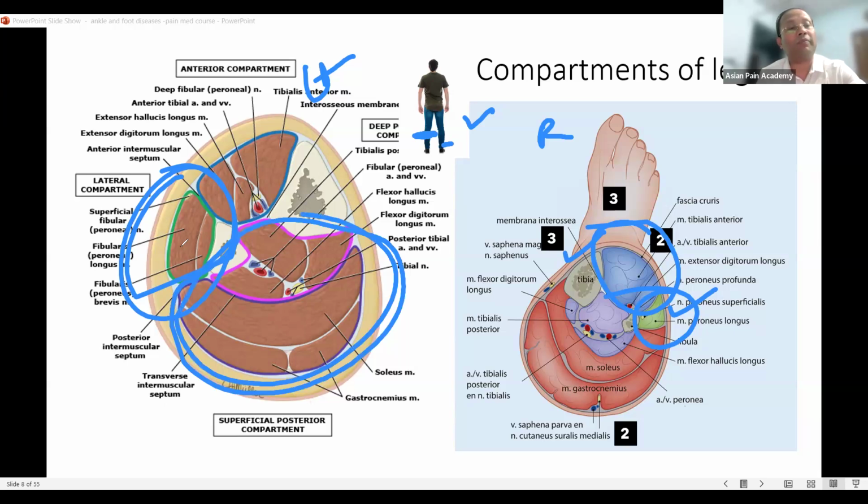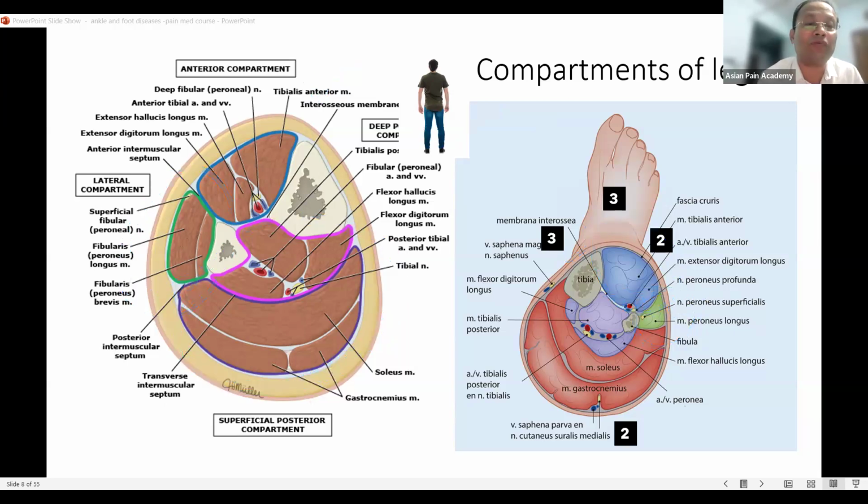The posterior compartment is divided into a superficial posterior compartment, only this much, and a deep posterior compartment. The two muscles that form the Achilles tendon, the gastrocnemius and soleus, come from the superficial posterior compartment. This much you can remember very easily.